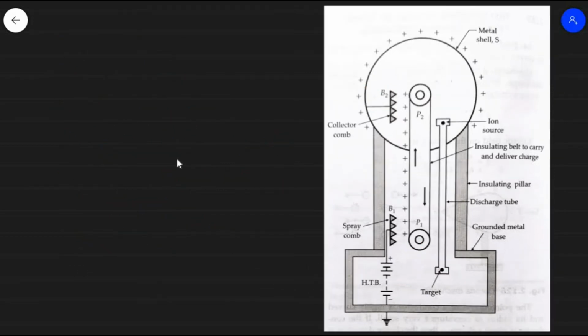So let us understand how this generator basically works. Working: first of all, we have provided this spray comb B1 with some potential. Let's say the potential is around 10 kilovolts, and we have grounded the other side, so only positive charges pass through this spray comb.